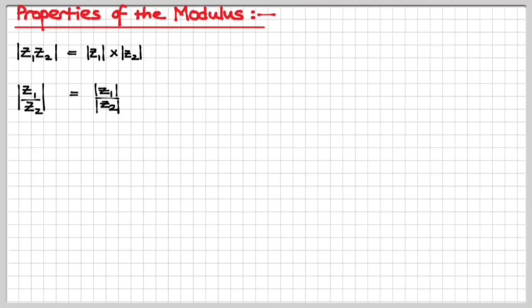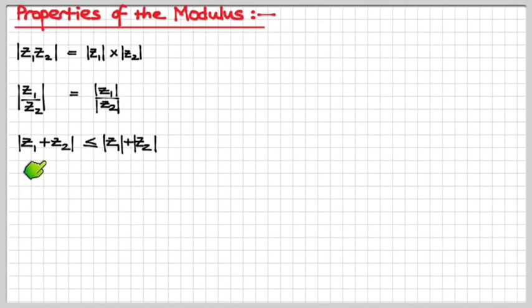And similarly, for division, we know that the modulus of z1 divided by z2, then take the modulus, is equal to the modulus of z1 individually divided by the modulus of z2 individually. That's also not all that intuitively obvious, but it does work when you do it. Okay?